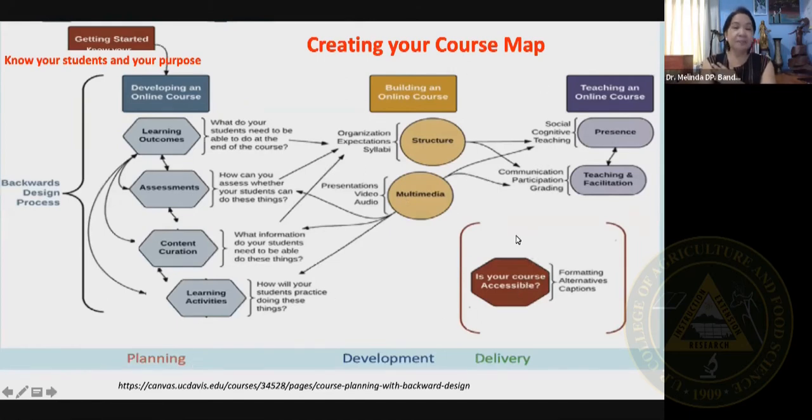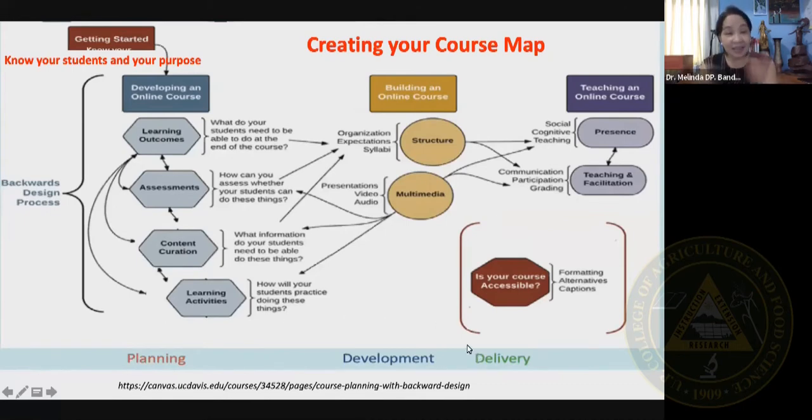During our sessions last year, we touched on all these things on the surface, just so that we can have the idea of what exactly will be involved when we say that we will be doing our review sessions online. So nakalagay dito planning, development, and delivery.